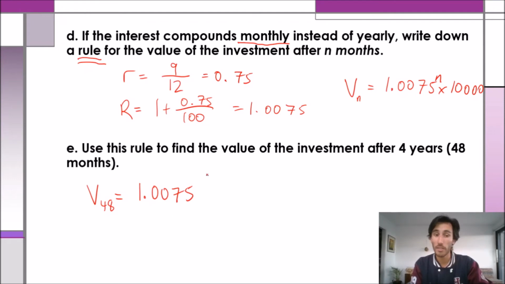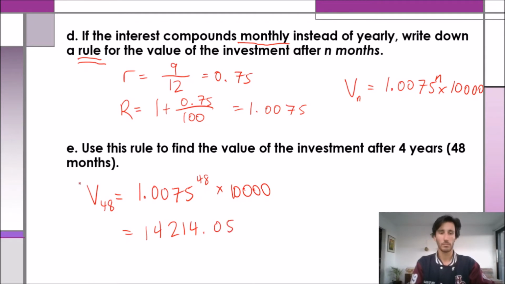Remember, this is our monthly compounding R. And then we want to find that to the power of 48 times 10,000. And this is $14,214.05. So that's the value after 4 years, knowing that we got given a monthly compounding period.